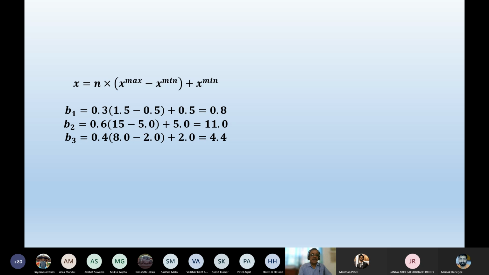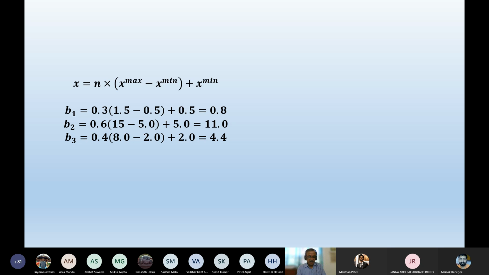It is very simple. By inserting the numerical values, you will get the real values for B1, B2, and B3. B1 is found to be equal to 0.8, B2 is found to be equal to 11.0, and B3 is found to be equal to 4.4.